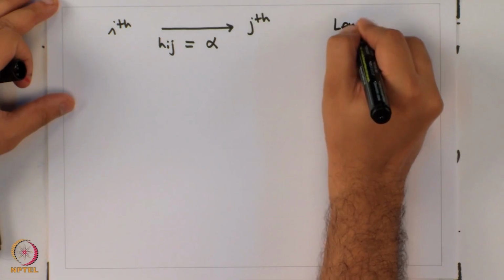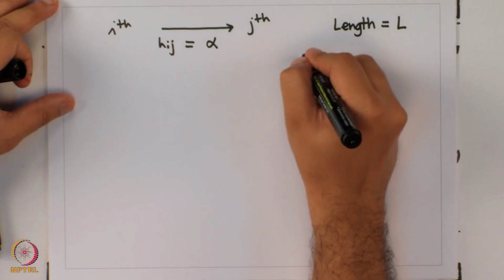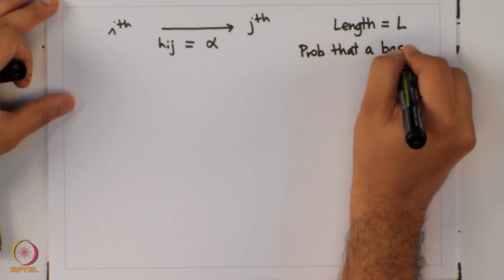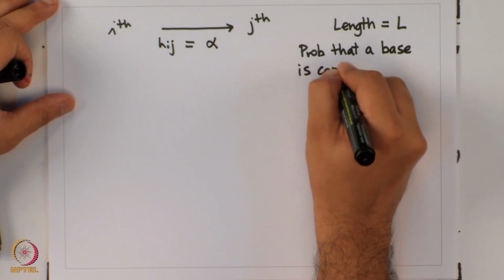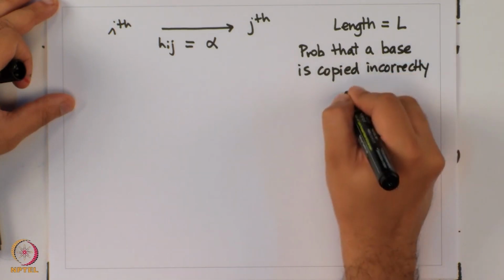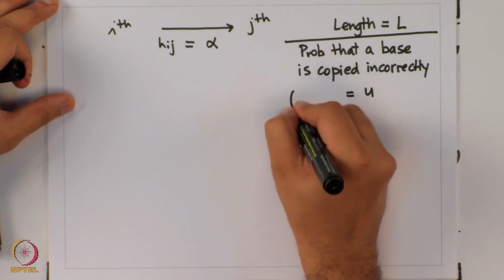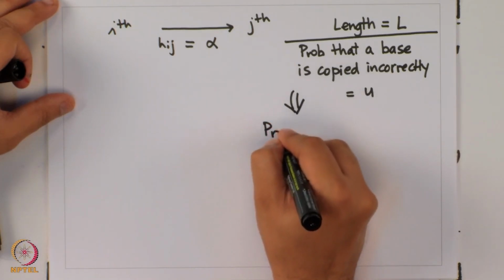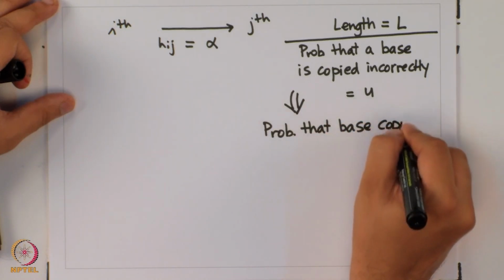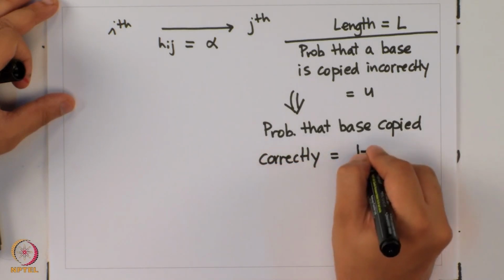The length of these two binary DNA sequences is L, and the probability that a base is copied incorrectly is given as u, which implies that the probability that a base is copied correctly is equal to 1 minus u.